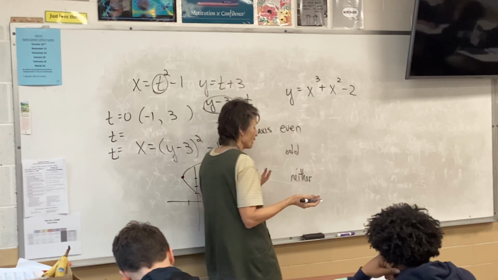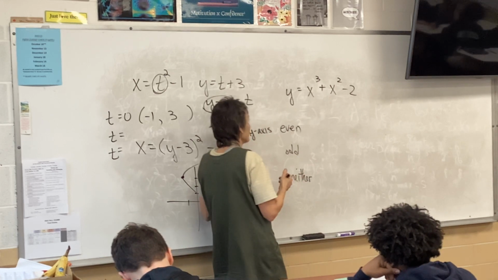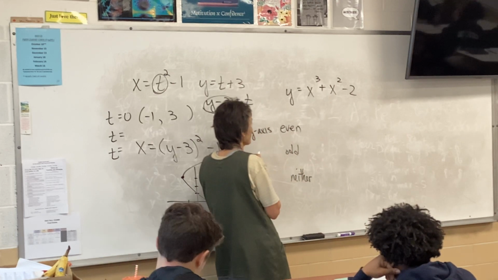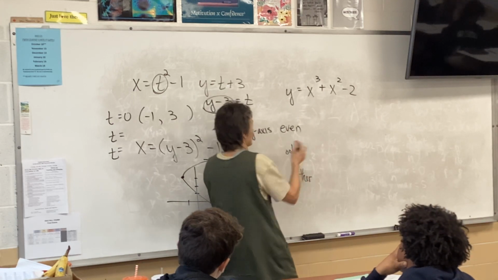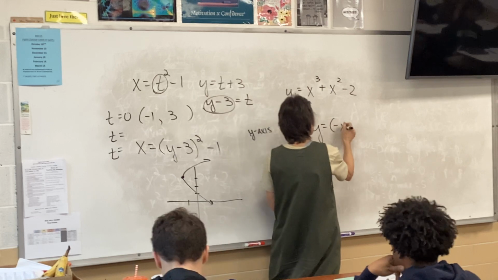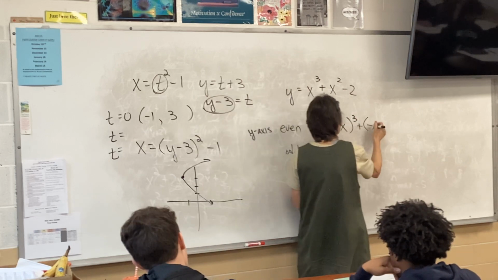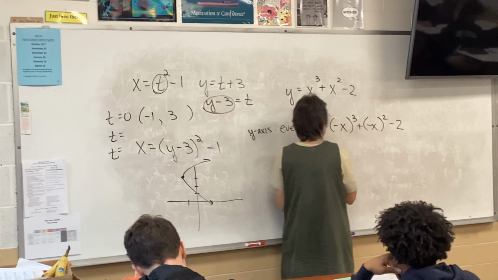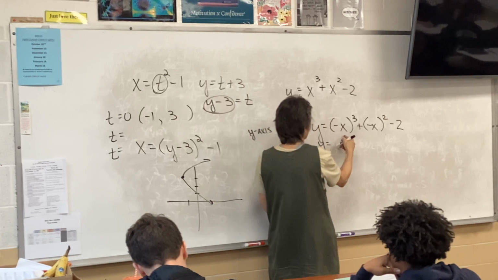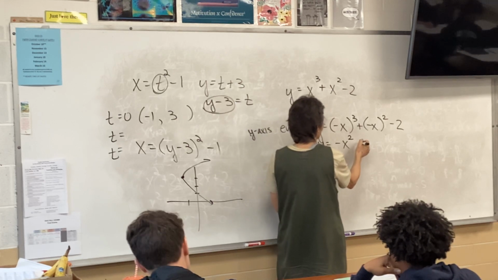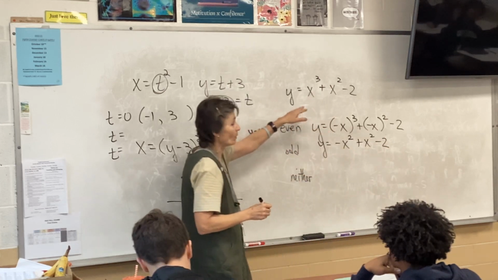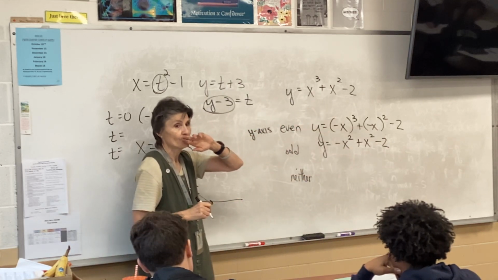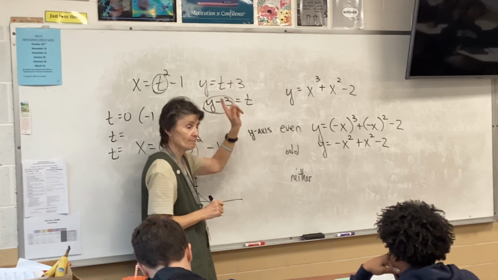So to do that algebraically, you can determine whether it has symmetry across the y-axis by changing the sign on x. So, if you change the sign on x and clean it up, we get negative x cubed plus x squared minus 2. Is that the same equation that I started with? Nope. So it's not even.